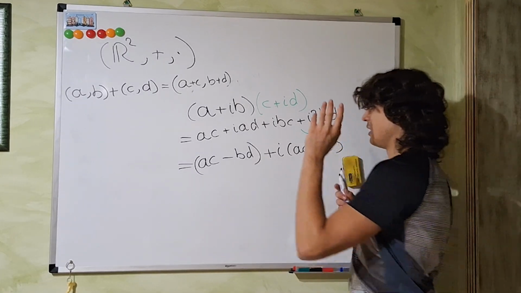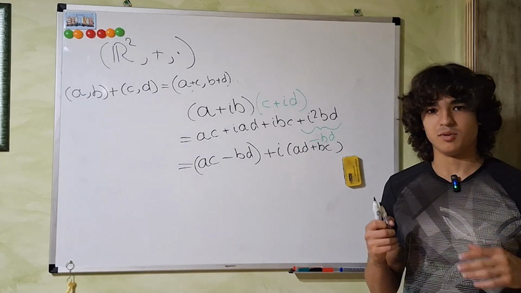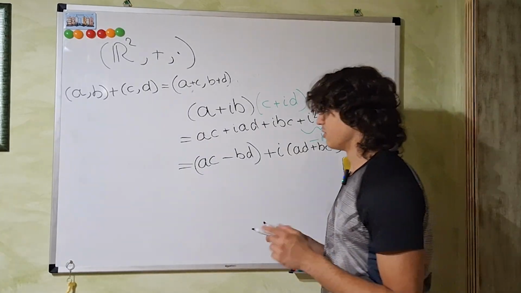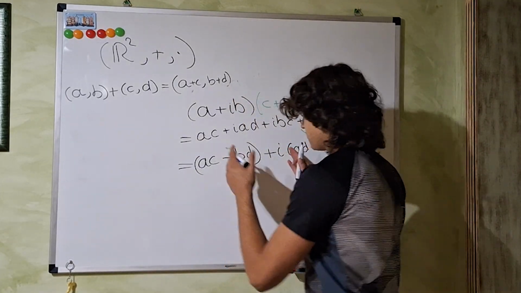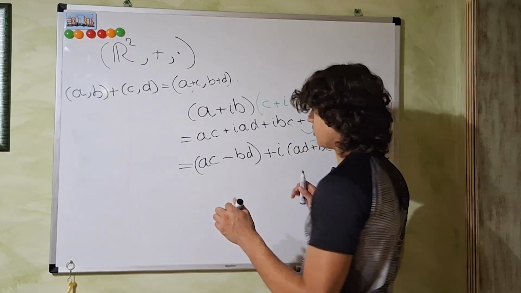So this rule is not straightforward, but if we use the usual multiplication rules, as we've done, we derive this formula.